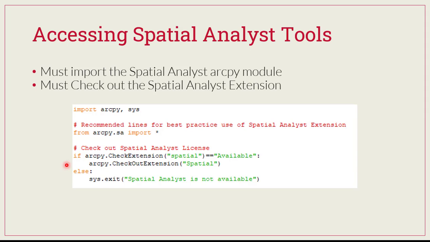So for example, at your organization, you may have 10 seats of ArcPro available to the entire organization, but maybe only 3 Spatial Analyst extension seats. Checking for those Spatial Analyst extensions prior to using them and prior to checking them out is an important part of the workflow within your organization, because you want to make sure that the tools are available for you to use at the time you want to use them.